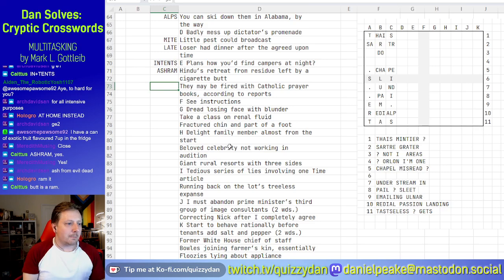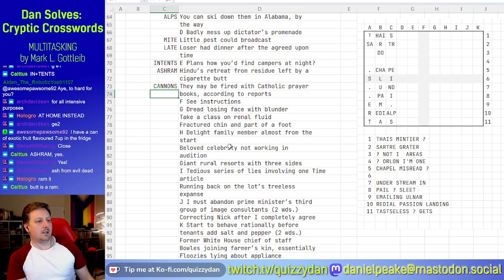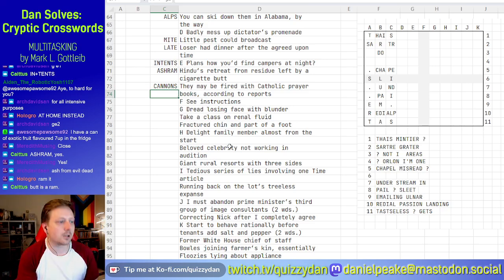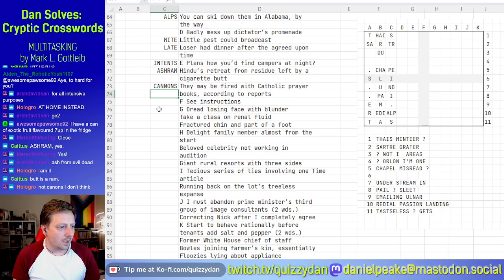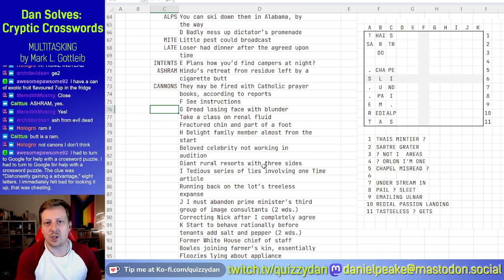Intense ashram. They may be fired with Catholic prayer books according to reports. Cannons with two ends because I'm after the weapon. So it sounds like the canon, which is a Catholic prayer book, and they may be fired. Those are canons. So that is that. Dread losing face with blunder. Dread, you fear. If you lose face on fear, you get ear, but that's dread worry.